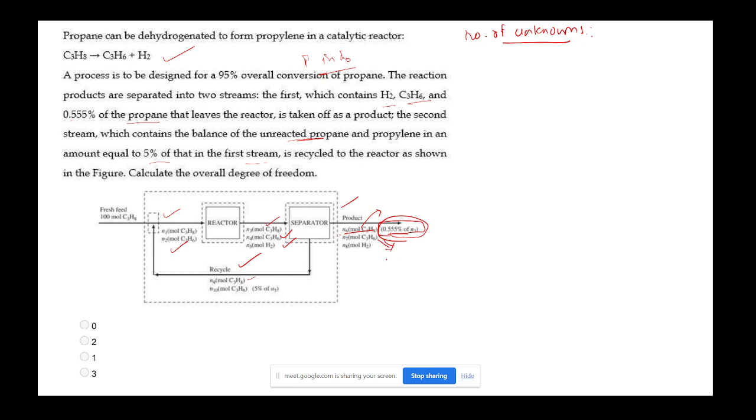Another is 5, then you have 6, 7, 8. This you know, so 8 unknowns are there. The number of reactions is 1. Then how many equations can you develop? For this case you will be able to have one overall equation.